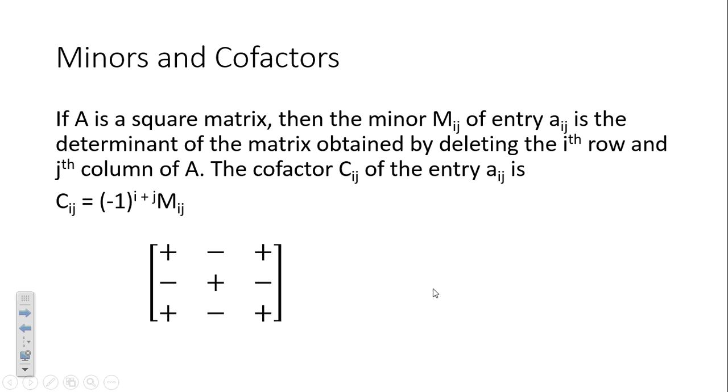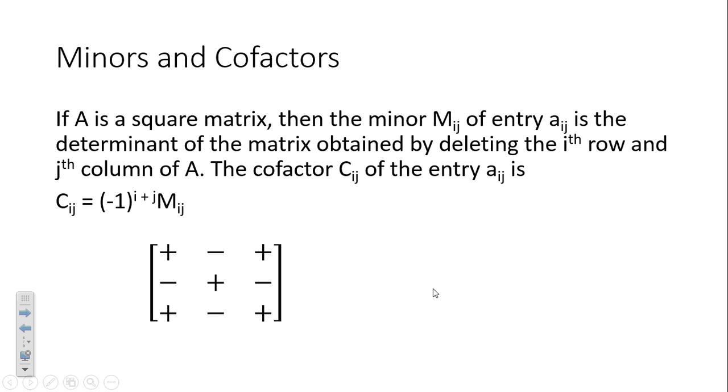So the sign of the cofactor for row 1, column 1 is positive. The sign for the cofactor of row 1, column 2 will be negative because 1 plus 2 is 3, and that is an odd power. -1 to an odd power is always negative.